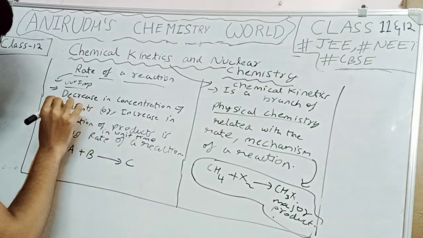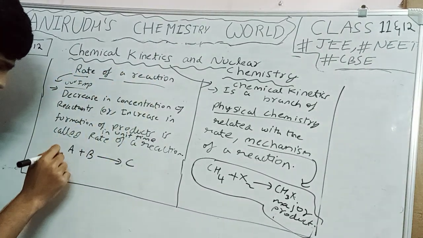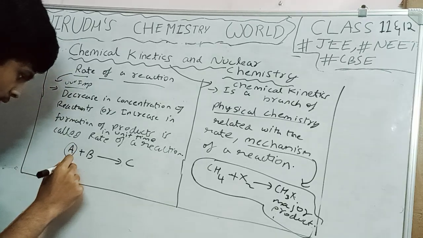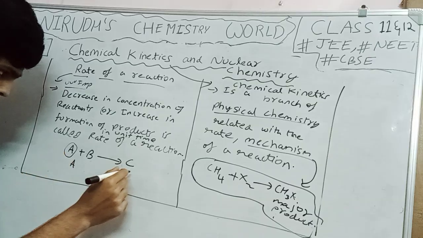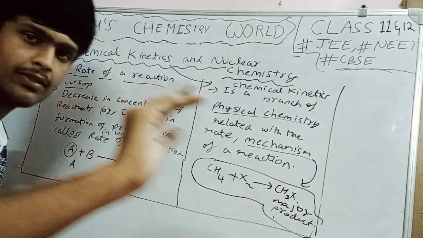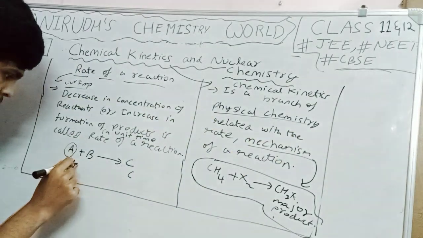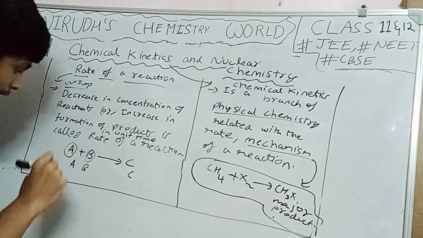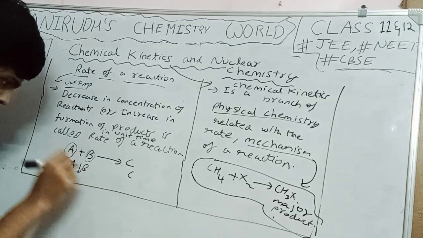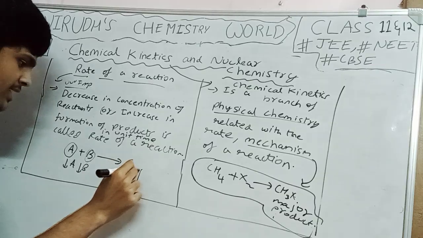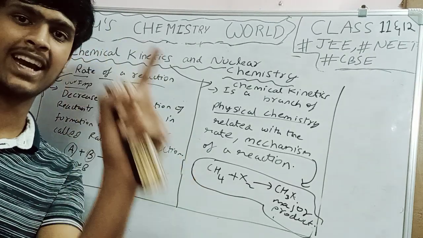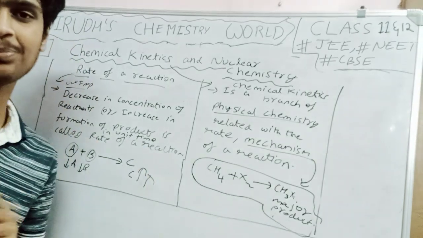Here, how is the rate defined? Suppose we consider one of the reactants, A. From A, how is it forming C? Take A and B also. The decrease in the concentration of reactants and increase in the concentration of products in unit time, that is 1 second, is called the rate of reaction.